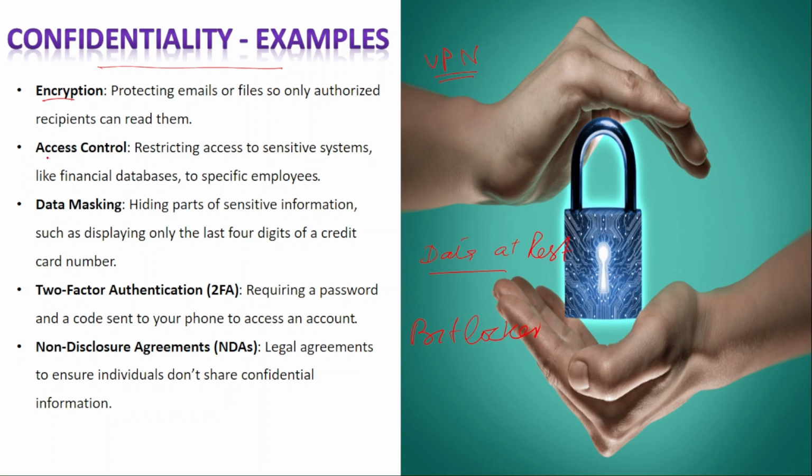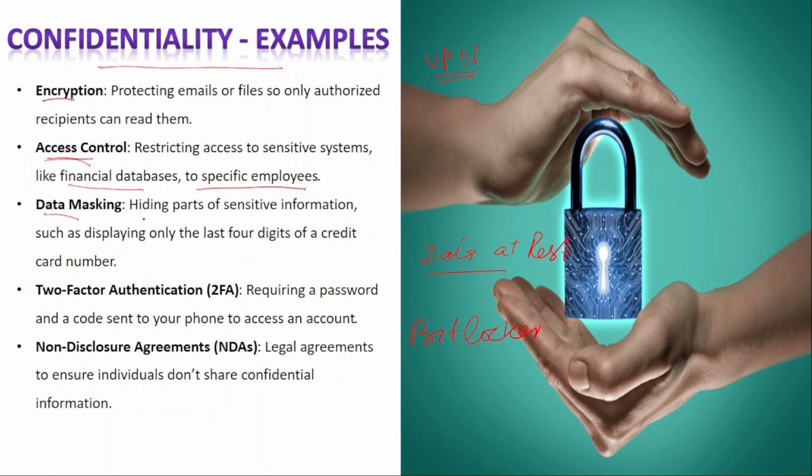Another example is access control: restricting access to sensitive systems like financial databases to specific employees. What does this mean? That not all employees are required to see the sensitive financial database, and you can ensure this through access control.